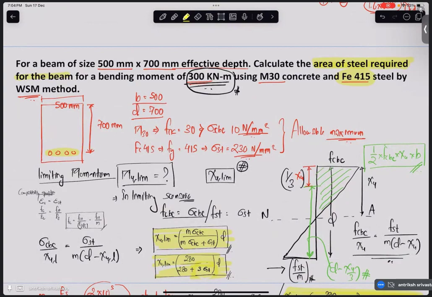And that's one of the reasons why the WSM method has become obsolete, because it is not economical.